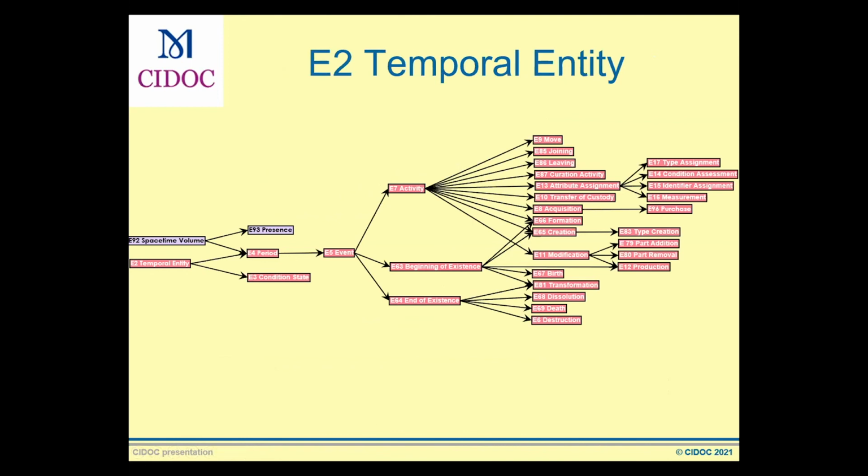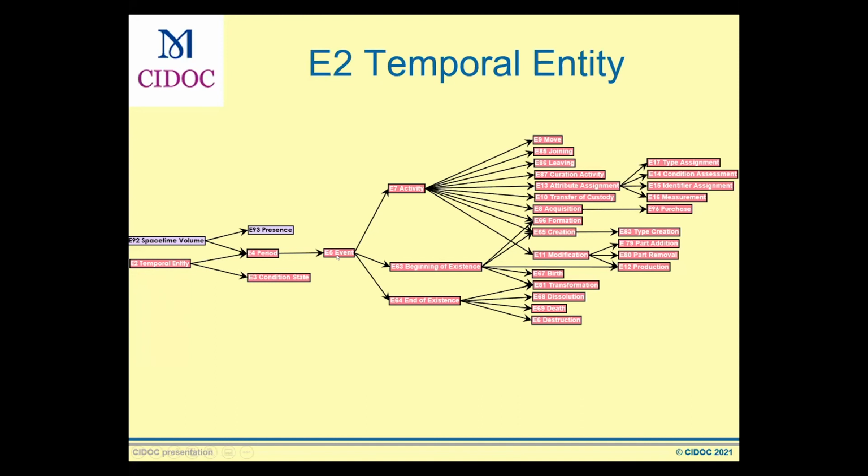So we can now move on to having a look at the temporal entities. These are the most important things because we're an event-centric model. So we have the idea of the temporal entity that is the core of the model, and we break those down into periods, which are social, cultural phenomena bounded in space and time, and condition states. So this castle was in ruins.